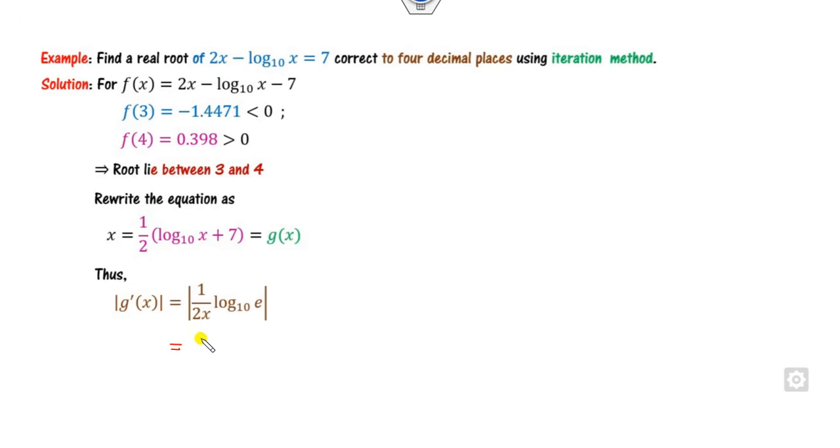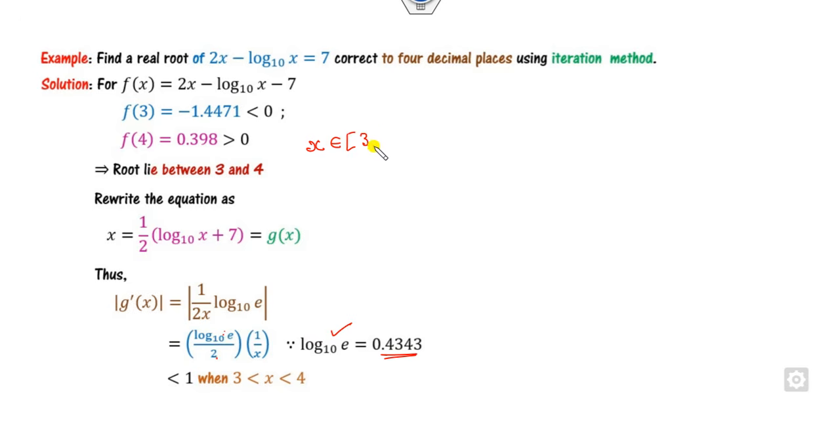Clearly, it will be 1 by 2 outside. What is log base 10 of e? I can write this value as log of e divided by log of 10. So this number is 0.4343 divided by 2 whenever x lies between 3 comma 4.